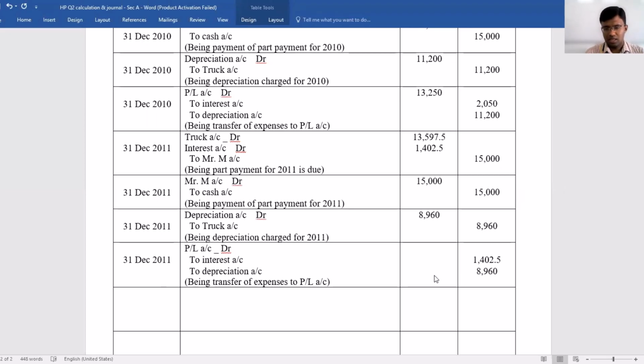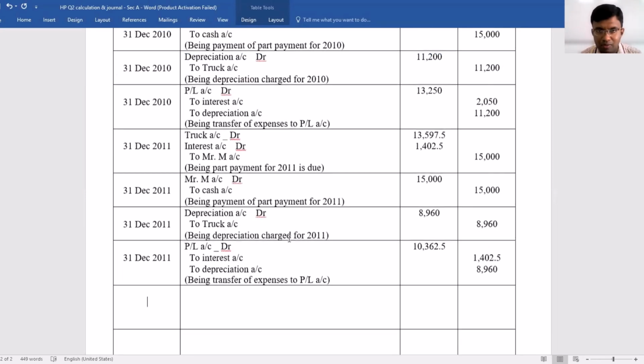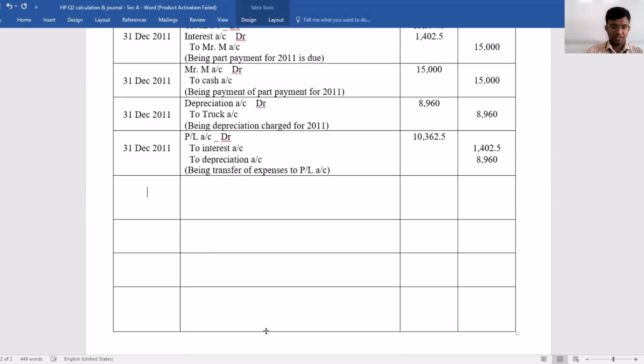So let's add this together: 8,960 plus 1,402.5 will work out to be 10,362.5. So with that, we have completed the journal entries for the second year.